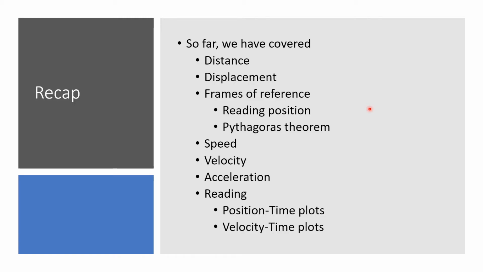Then we went through speed, velocity, acceleration, and based on from distance all the way to acceleration, we discussed what's a scalar quantity and what's a vector quantity and what is the difference between the two. The next part that we did was to do the reading from the position time plots and the velocity time plots, which was what other sets of data that you can get out of it.